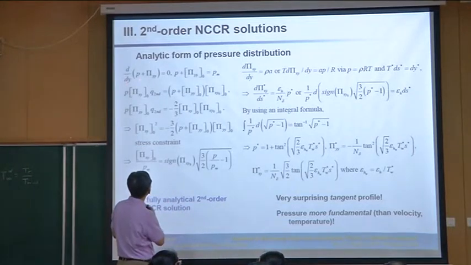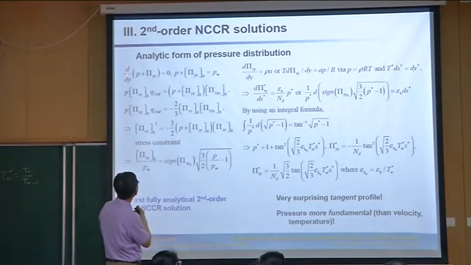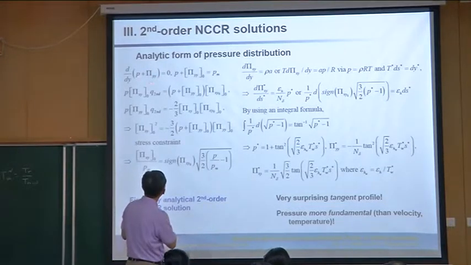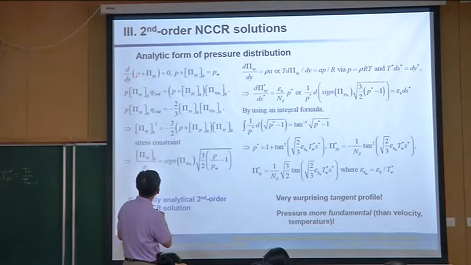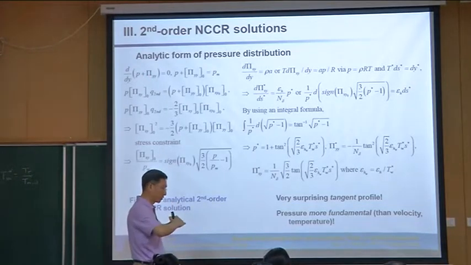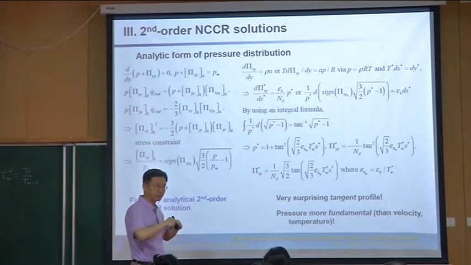Remember, these are the moment equations. Let's say d over dy of p plus pi yy is 0, which means, just imagine, without pi yy, p must be constant. Therefore, in the Navier-Stokes framework, in the same direction, p is just constant.